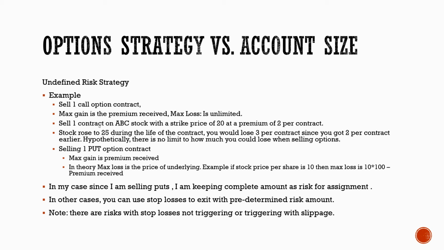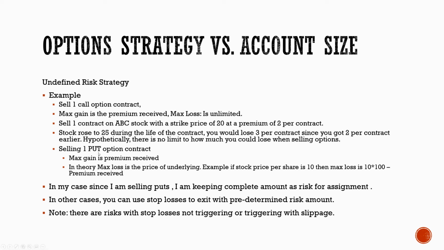If the stock rises to 25, then you lose 3 euros per contract, since you have got 2 in premium. Hypothetically, this 20 euro stock can go to unlimited. Think of GME or AMC. If it keeps on rising, you tend to lose unlimited on such an account.